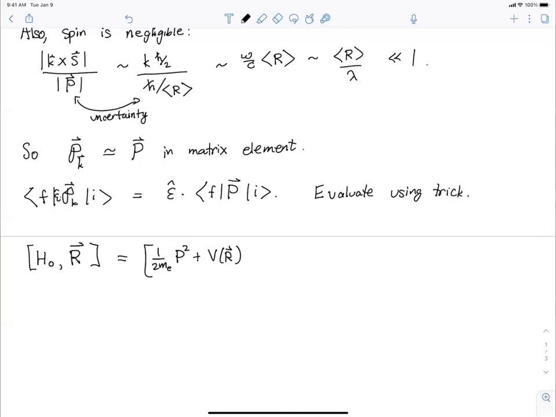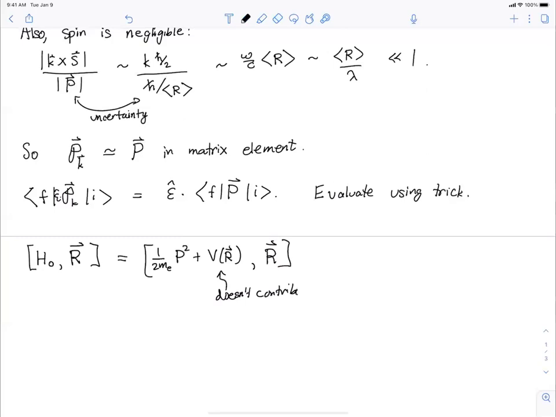That's why we're including it in H0. And we're taking the commutator of that with position. And so if you stare at this, you realize, aha, this is not going to contribute, because any function of position commutes with position. Okay, so this doesn't contribute.